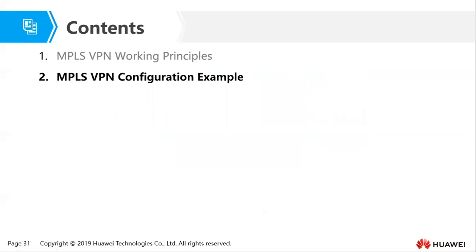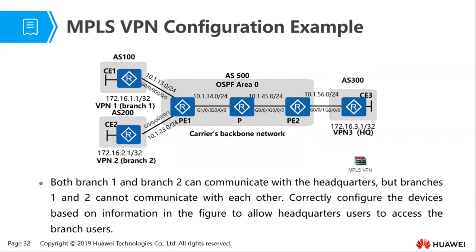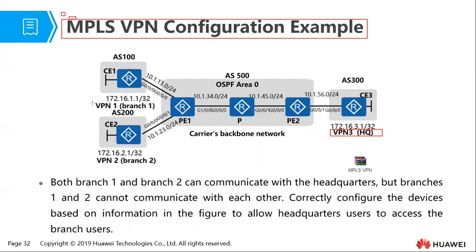Okay, so now let's look at a scenario of MPLS VPN configuration. So MPLS VPN configuration example. Here we have the headquarters, and we have two branches, branch 1 and branch 2.